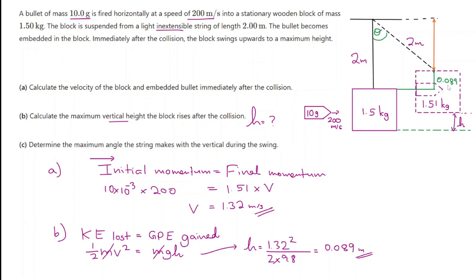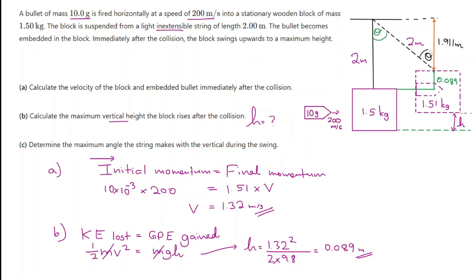So if this is 0.089, the height here will be 2 take away 0.089, that is 1.911 meters. Okay, so if that is theta, alternate angles are equal.